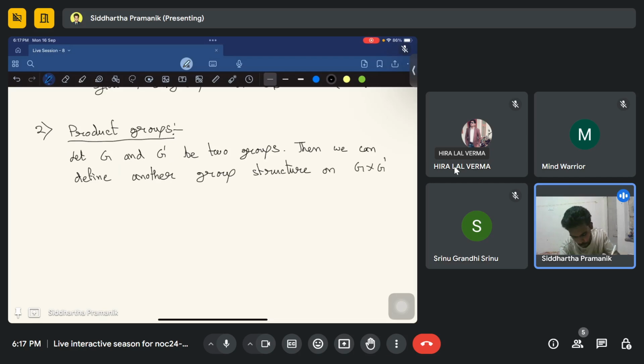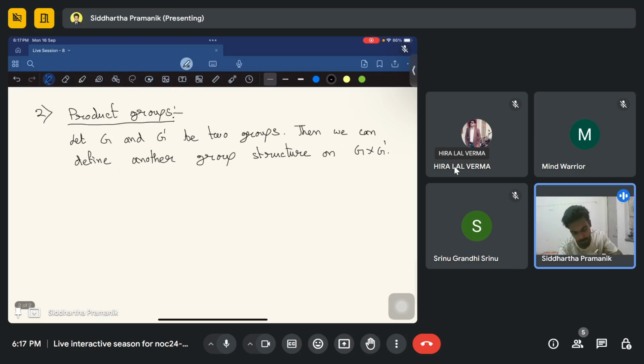We all know how to define the Cartesian product of two sets. How to define a group structure on this? We need to define a binary operation. So let us do that.